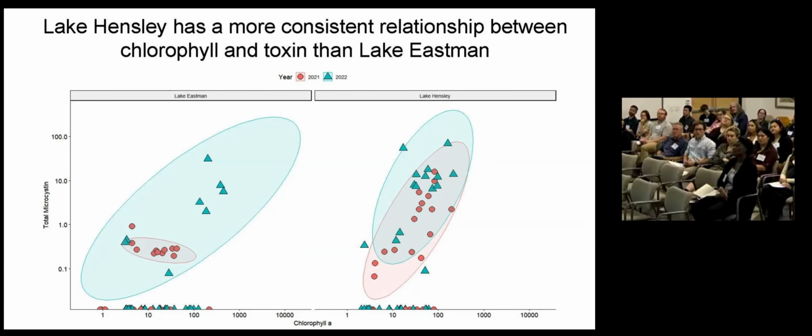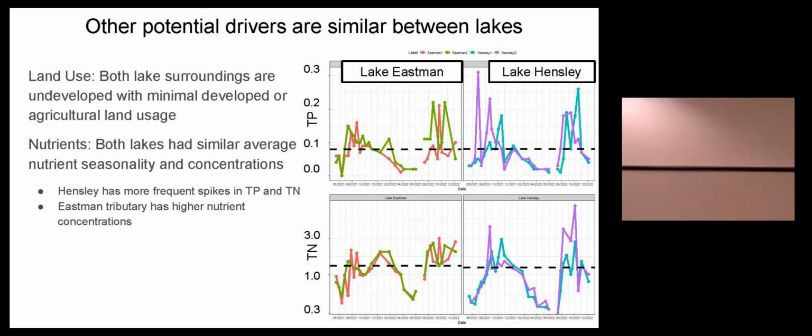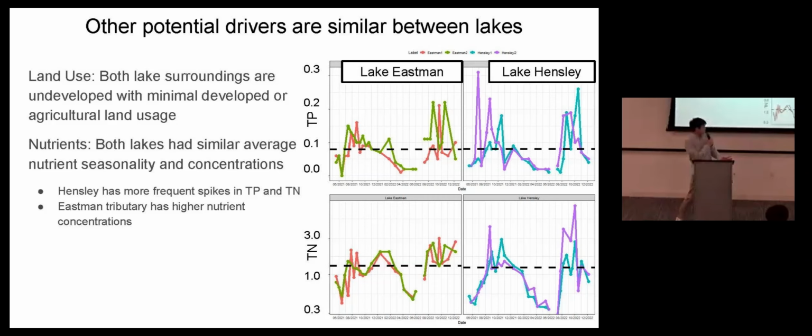So moving on, we have other potential drivers. So we found that they are mostly similar between the lakes. So we looked at the land usage, and both lakes are surrounded by undeveloped land with minimal upstream development or agricultural land uses. And then on the right, we have nutrient time series.